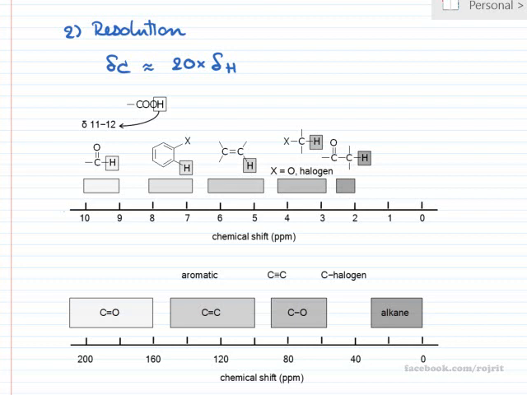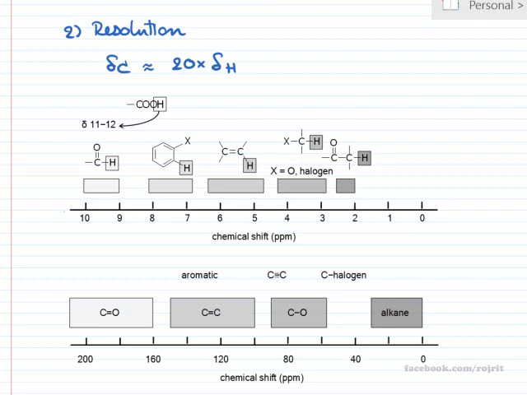So the observation window for carbon-13 is about 20 times greater than proton NMR, and the resolution is better as well. For proton NMR, as you saw in some of the examples, some peaks overlapped, right? But carbon-13 NMR practically never overlaps because the resolution is so great.